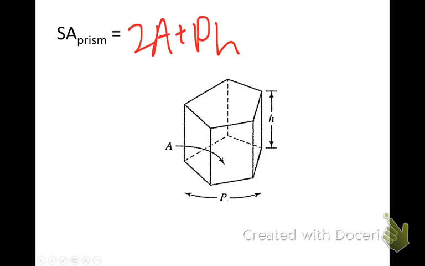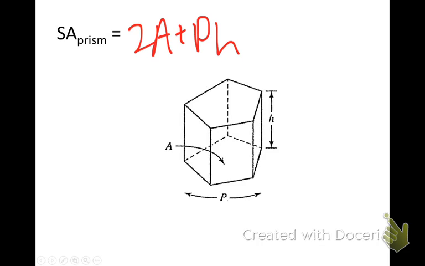So the perimeter is adding these areas of the sides all at once times the height. So rather than find 6 individual rectangles, just think of them as the perimeter. That's going to cover all this distance, and then the sideways distance, and then the height multiplies the height to get all the sides at once.